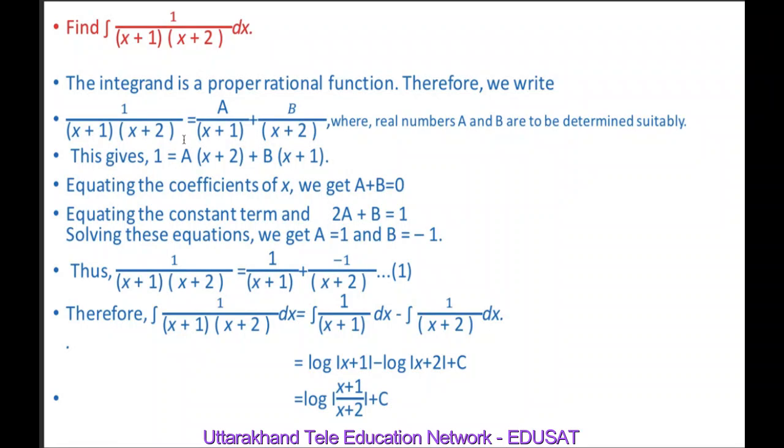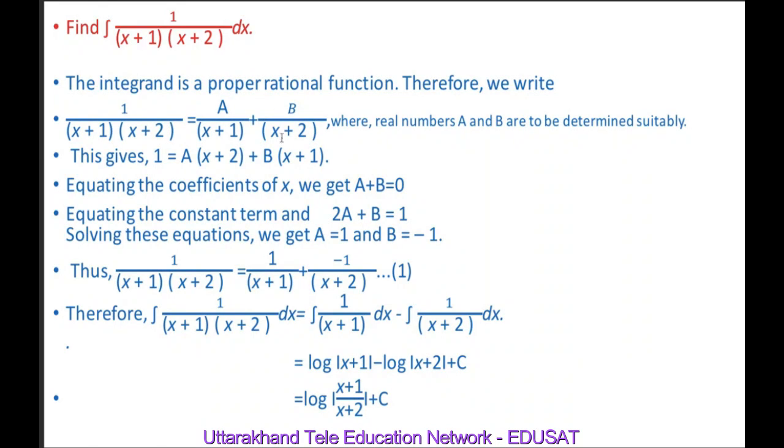This we discussed in the last slide. We have two linear factors in the denominator, so we have written A upon first linear factor plus B upon second linear factor, and we will determine A and B in our next steps.